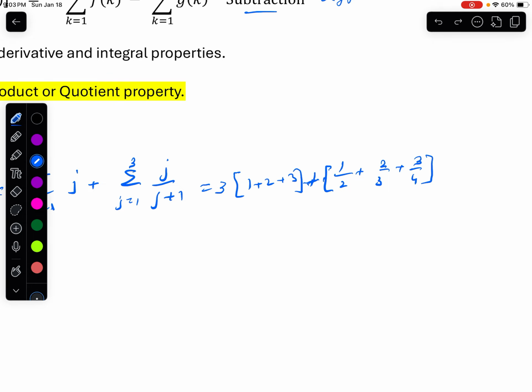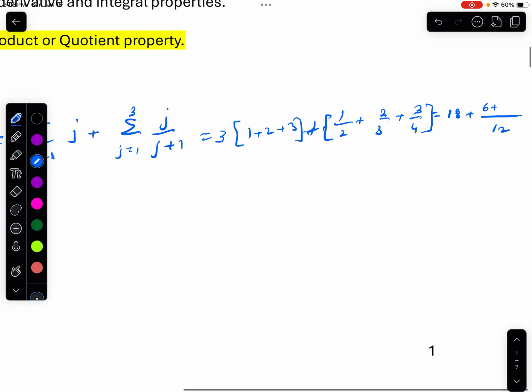And now if you want, you can simplify it. So this can be simplified as 3 times 6, which is 18, plus, now here I can take the common denominator to be 12, which will give me 6 plus 4 plus 12.